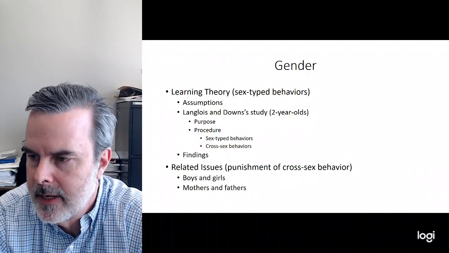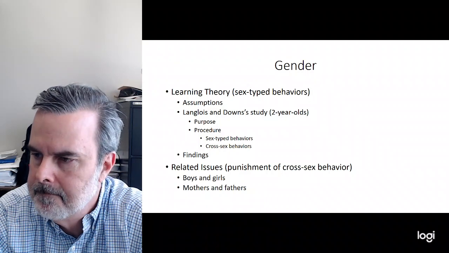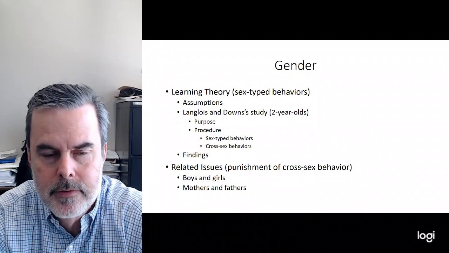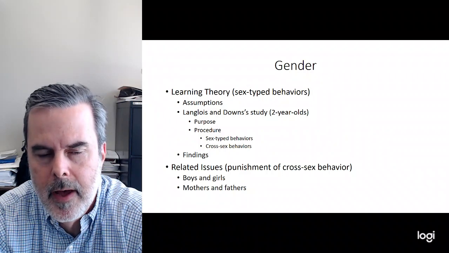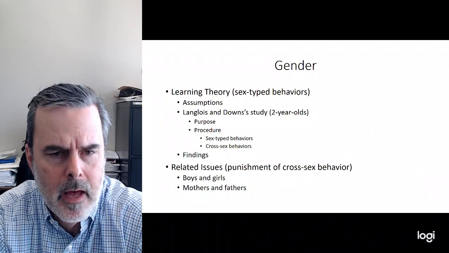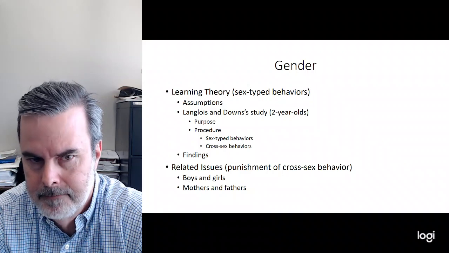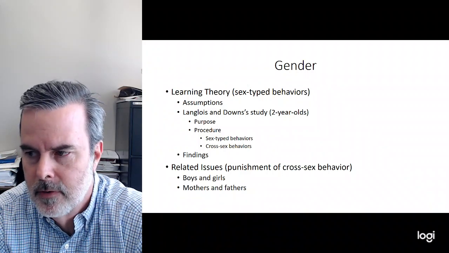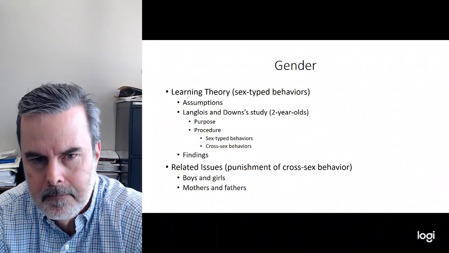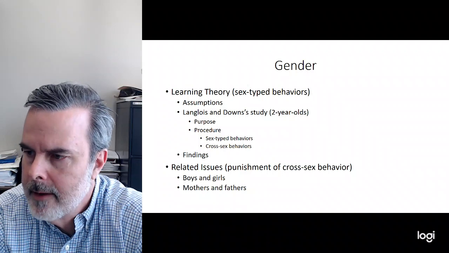So first, boys and girls. As it turns out, boys and girls are punished at different rates for cross-sex behaviors. In general, what you find is that boys are punished more frequently and more severely for cross-sex behaviors, whereas girls are typically punished less frequently and less severely.